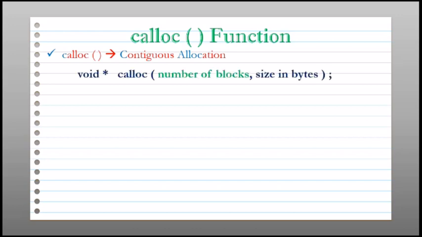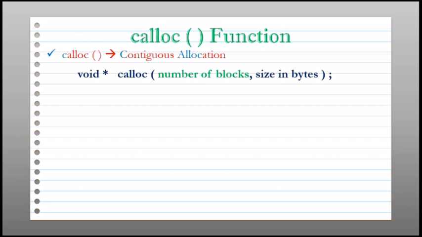This is the syntax of the calloc function, which is already present in the stdlib.h file. That is, void pointer, then calloc, and in brackets the first argument is for the number of blocks we want in memory and the second is for the size in bytes for each block.